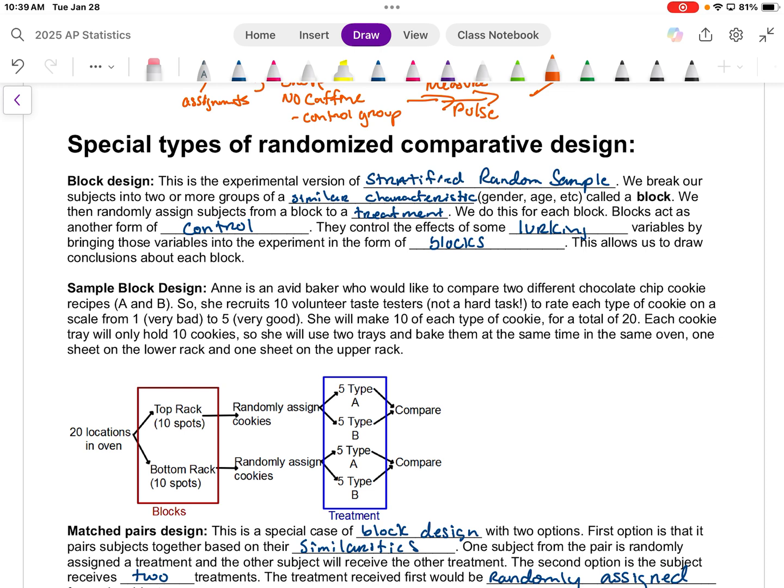So what she decided to do was, as we split it up, she's going to randomly assign it so that half of each type of cookie is going to be on the top rack, and half of each type of cookie is going to be on the bottom rack as they're being assigned onto the tray. And then after that, the taste tester comes into play. All right, this is the fun job.